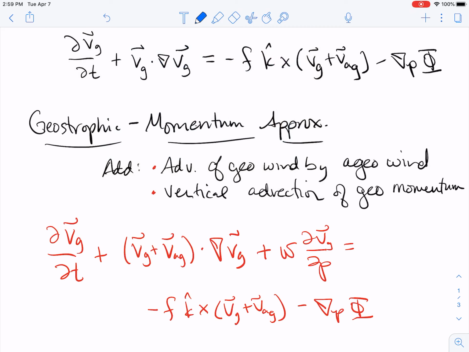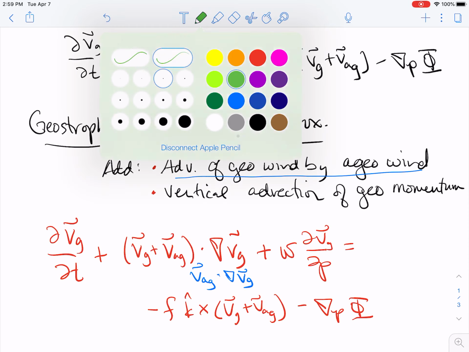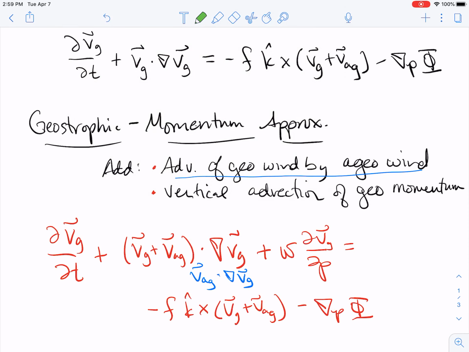Our additional terms here are this Vag dot del Vg term, the advection of geostrophic wind by the ageostrophic wind, and our vertical advection of geostrophic momentum term. By adding these two terms in, we can use this geostrophic momentum approximation in a new semi-geostrophic theory.